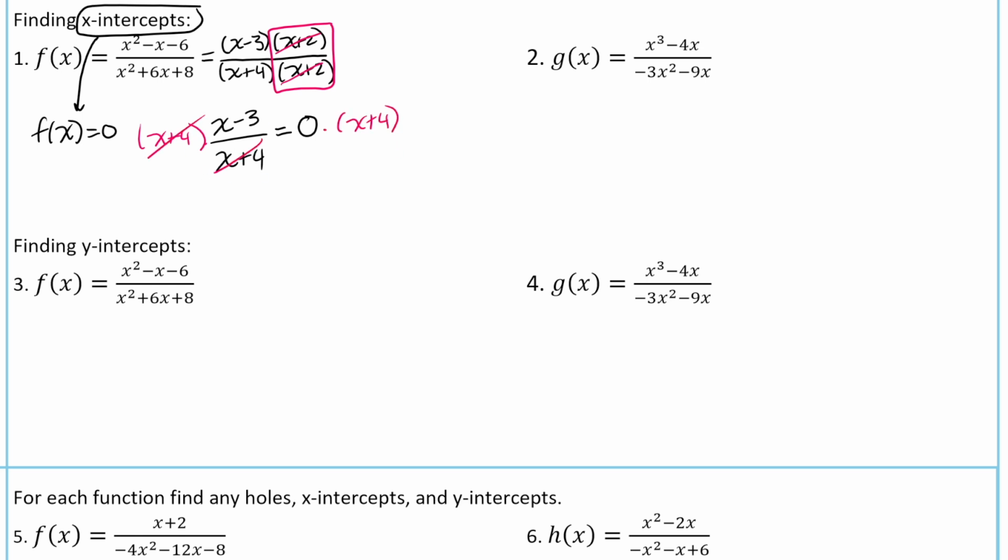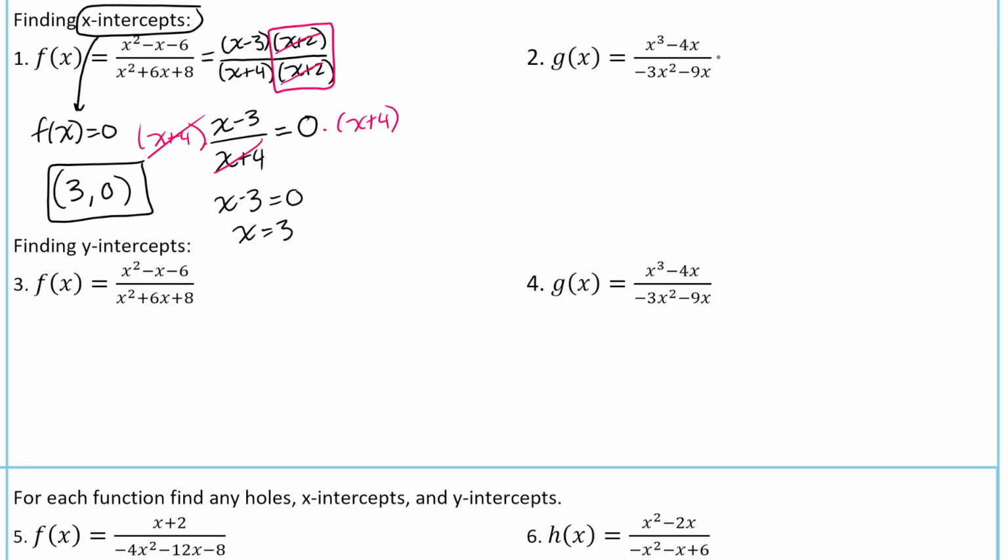Okay, so that would get rid of the denominator over here. Anything times 0 is still 0, so I have x minus 3 equals 0. Okay, add 3 to both sides, I get x equals 3. So that's the x-intercept. I have (3, 0) as the x-intercept.